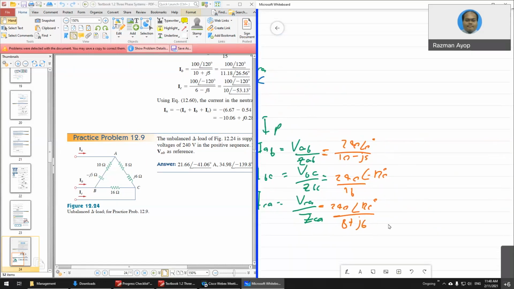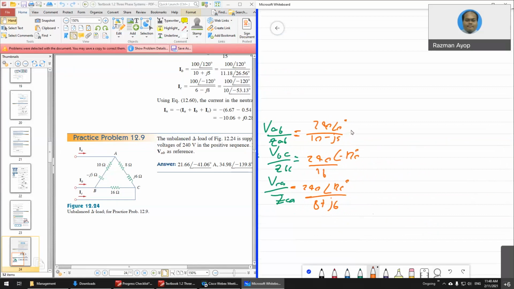So use your calculator, give me the answer. What is the answer here? Practice with your calculator. Find the first answer. So has anyone got the answer already?